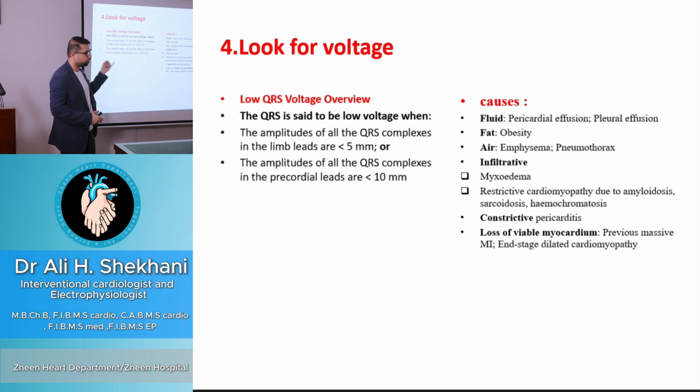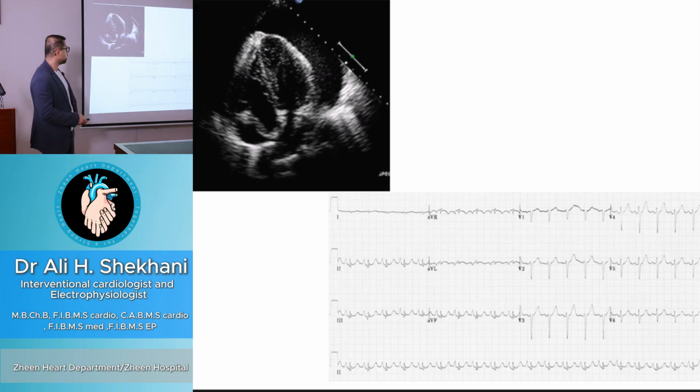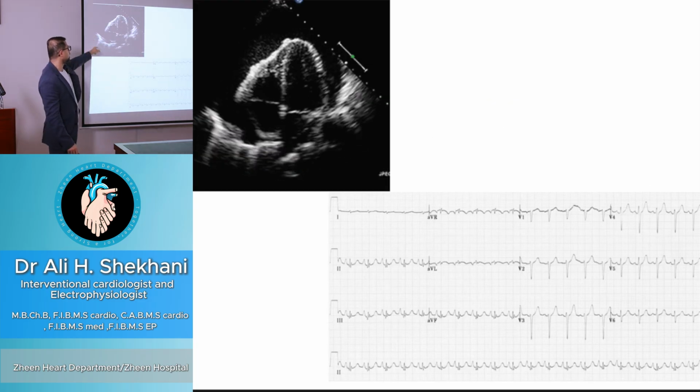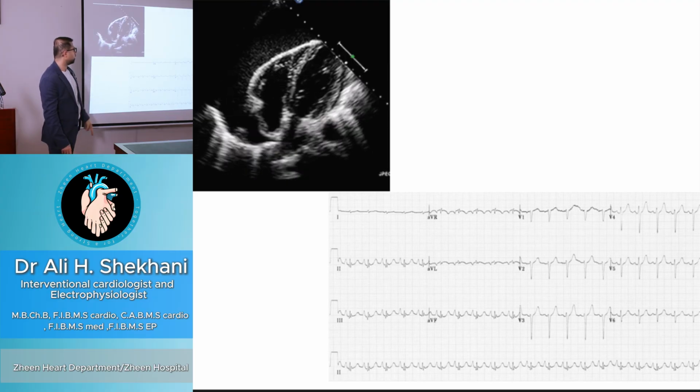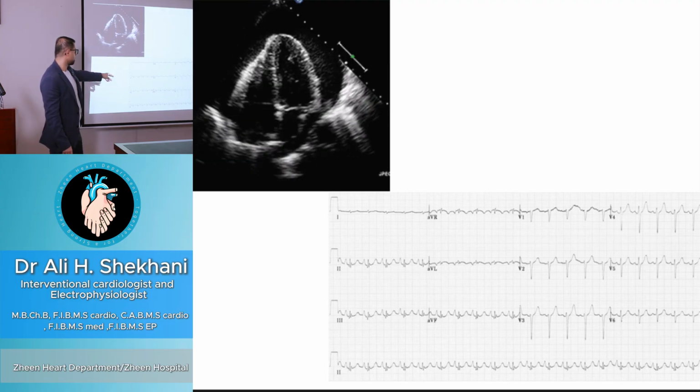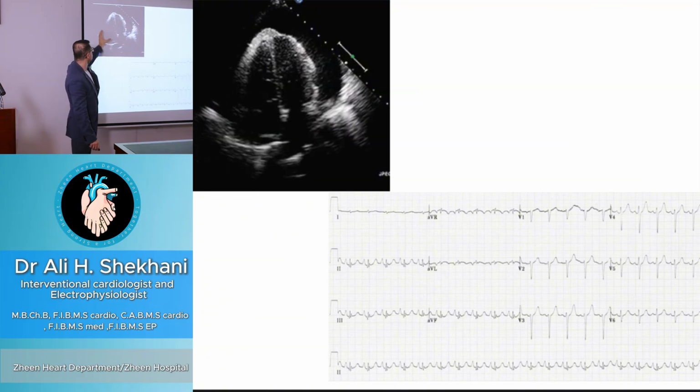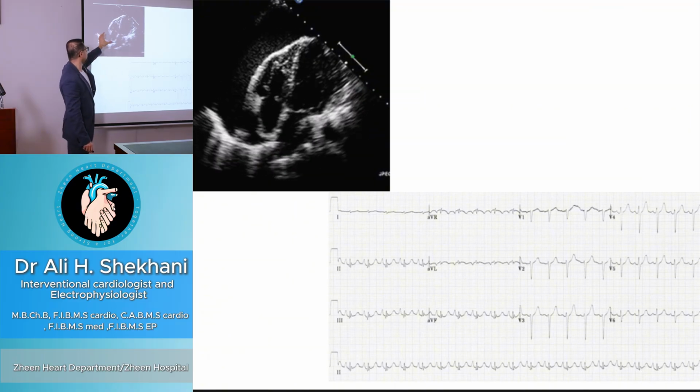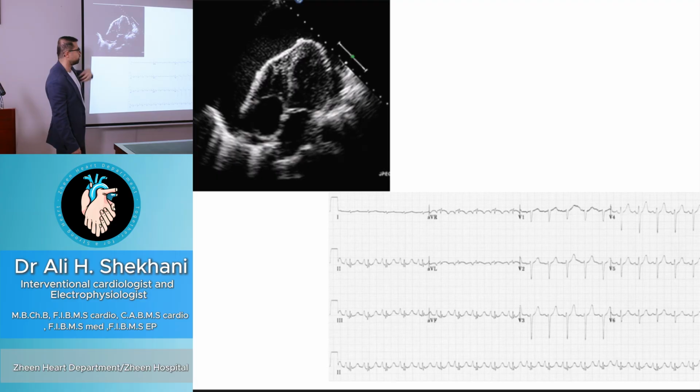This barrier, due to fluid, could be fat, could be air, or anything. This ECG was taken from a patient with massive pericardial effusion, and as you know, there is low voltage, as there is a large amount of fluid between the heart and the ECG electrode.